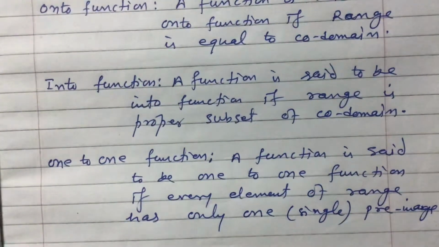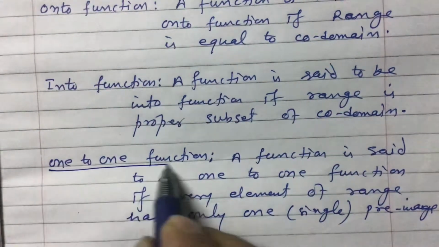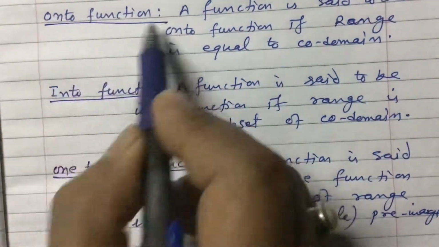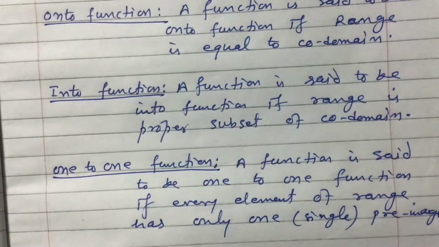Then it's called one-to-one function. So we get one-to-one function also like this. Into function, onto function, and one-to-one function we have defined. Now after this we have to define many-to-one function.